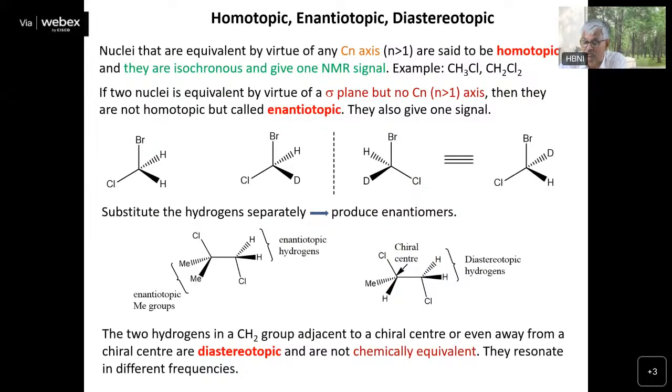So homotopic and enantiotopic groups are chemically equivalent, but diastereotopic groups are not. Diastereotopic groups resonate at different frequencies and will have different chemical shifts.